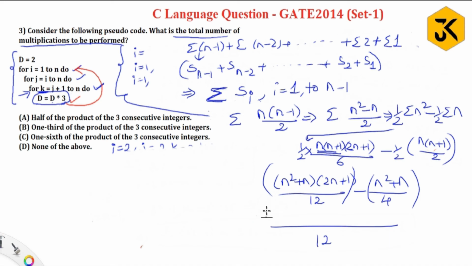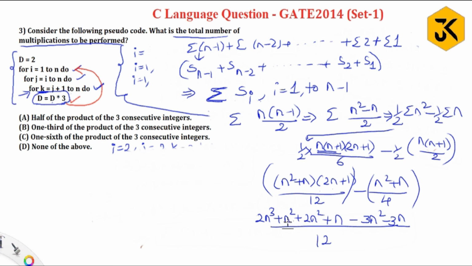N square multiplied with inner side: n square into 2n is 2n cube, n square into 1 is n square, n into 2n is 2n square, n into 1 is n. Minus, we need to multiply with 3, right? That is minus 3n square minus 3n.